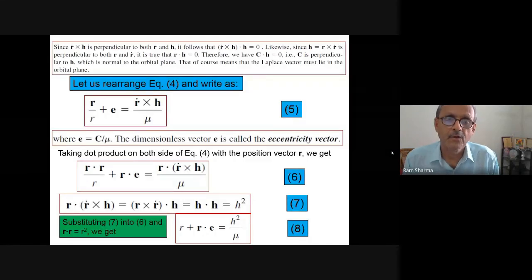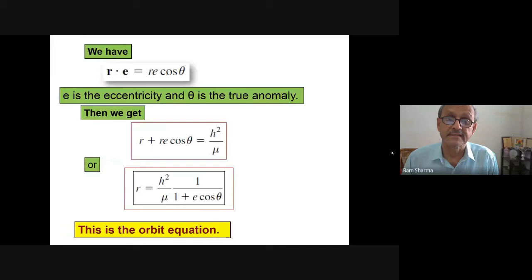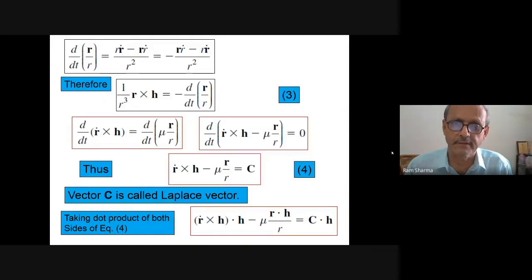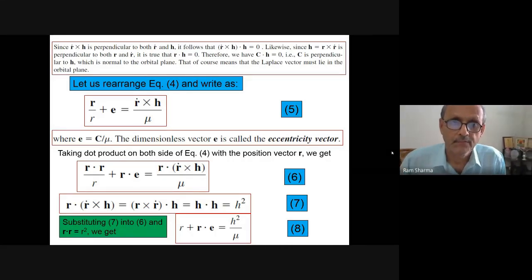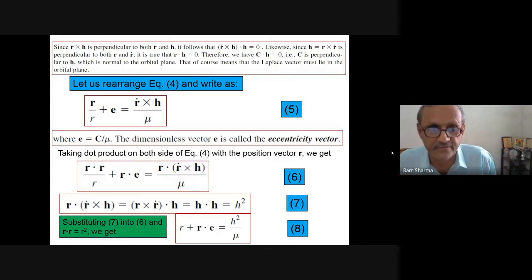Now let us rearrange equation 4 and rewrite it in this form, because now we have also introduced E, where E is equal to C by mu. We have written this in form 5. The dimensionless vector E is called the eccentricity vector.